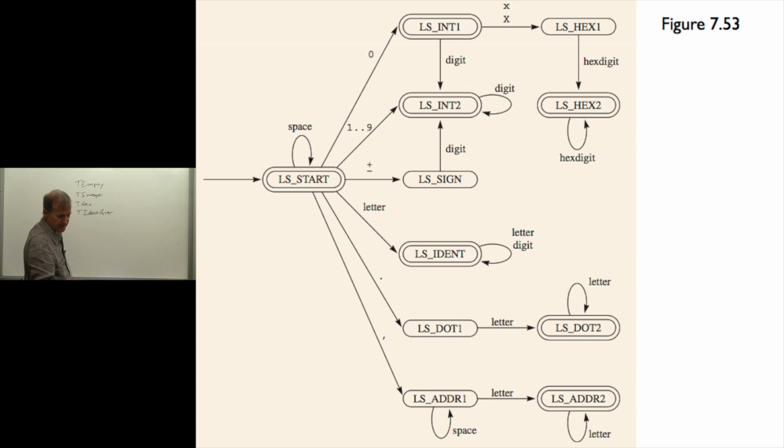If we end up in ls.2, what have we detected? A dot command. Whatever you call these. And then if we wind up in ls.addr2, what have we detected? T addressing mode.